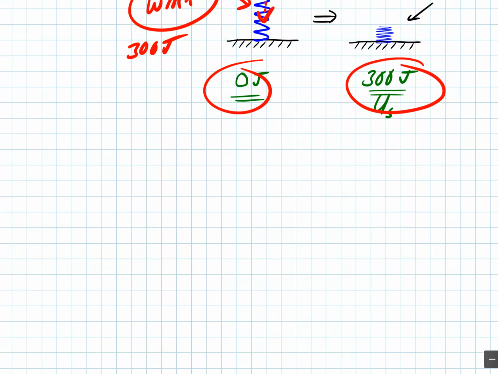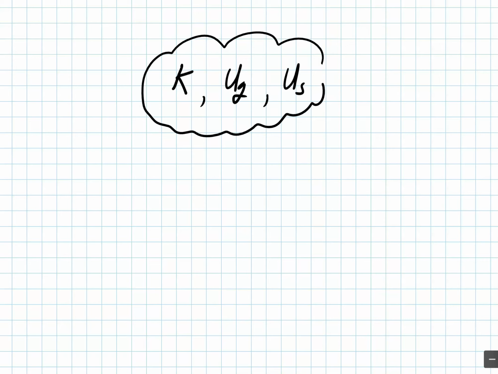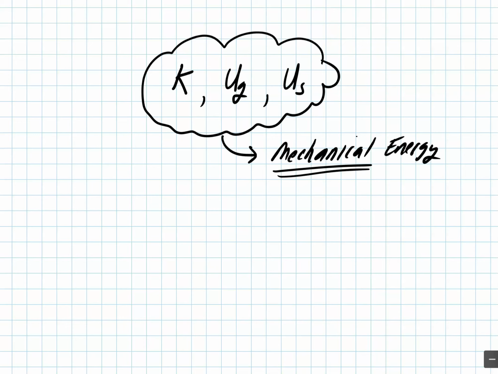So let's just summarize this. Okay, so these three forms of energy, kinetic energy, gravitational potential energy, and elastic potential energy, are all lumped together and given the general name of mechanical energy. And I don't know exactly why somebody started using the term mechanical energy, but I do know why they were grouped together.